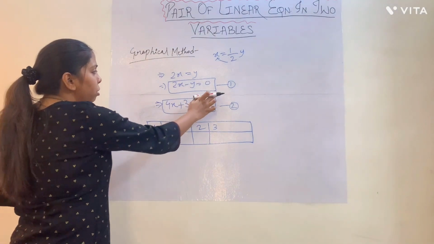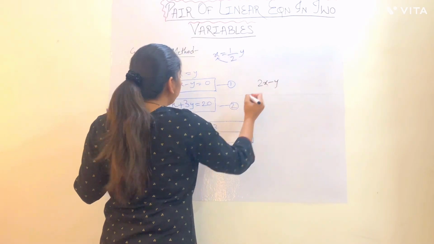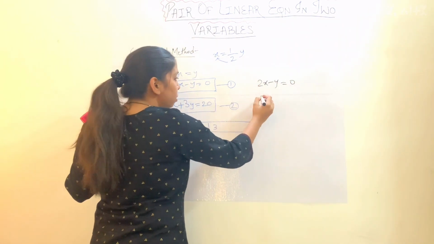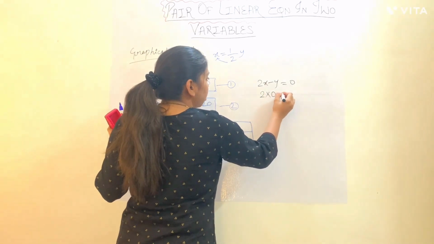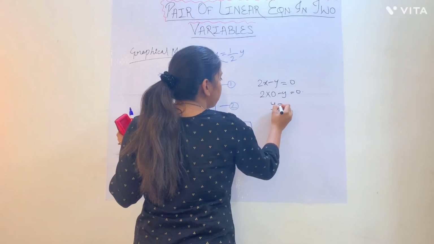Take x is equal to 0 in the first equation. Our first equation is 2x minus y is equal to 0. We put x is equal to 0, so y is equal to 0.